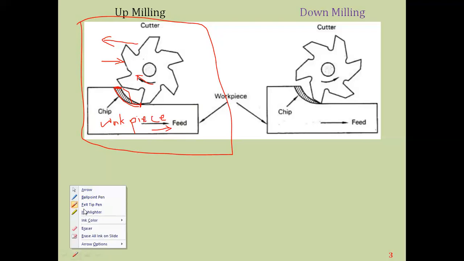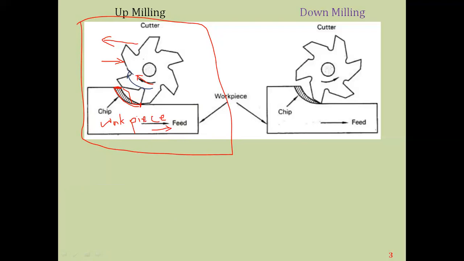Then apart from this, if you observe carefully, in this up milling the cutting force is directed upwards. If you are seeing this picture carefully, you can observe how this cutting tool is removing the material in an upward manner.